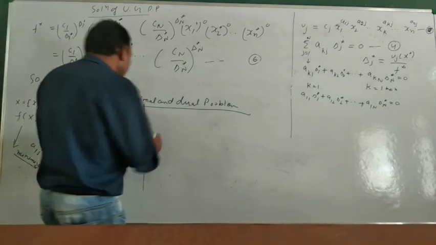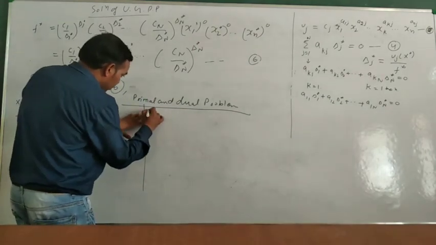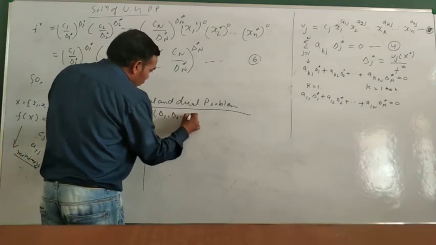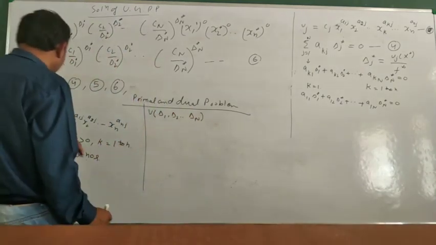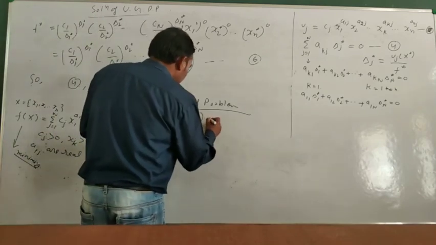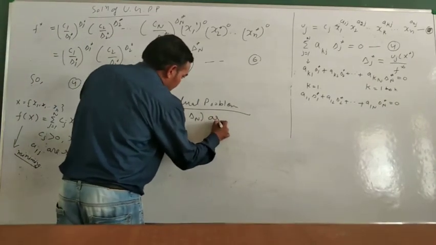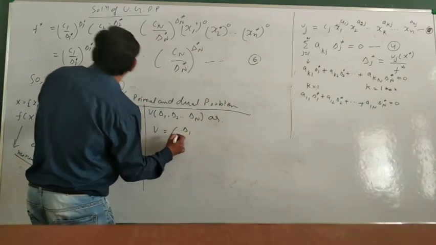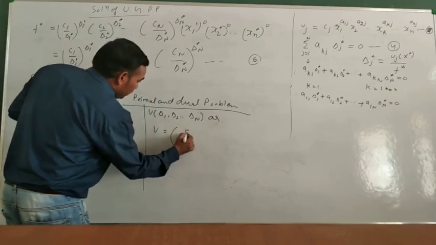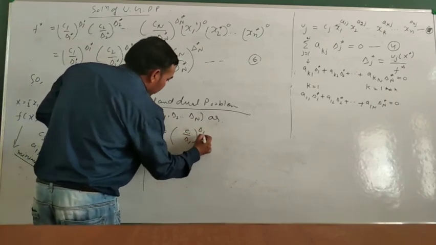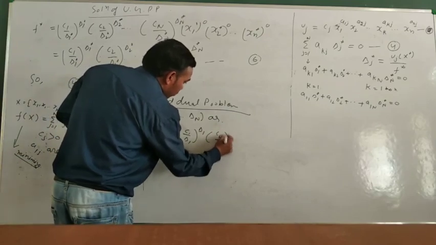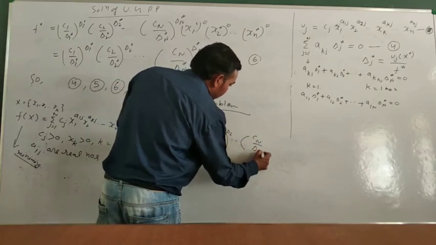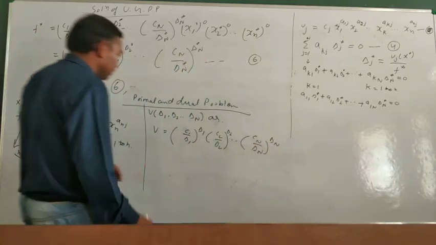So define a dual V(del 1, del 2, ..., del n) as V equal to (C1 upon del 1) to the power del 1, (C2 upon del 2) to the power del 2, and so on, (Cn upon del n) to the power del n.